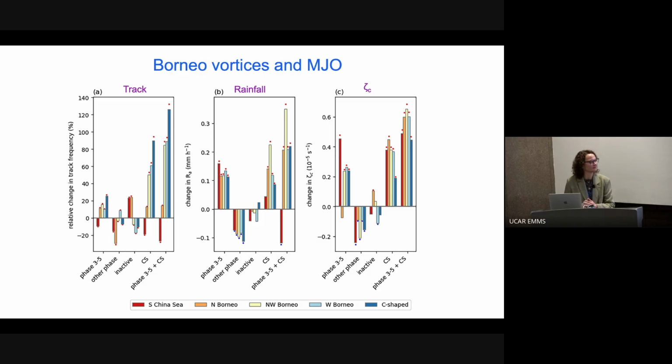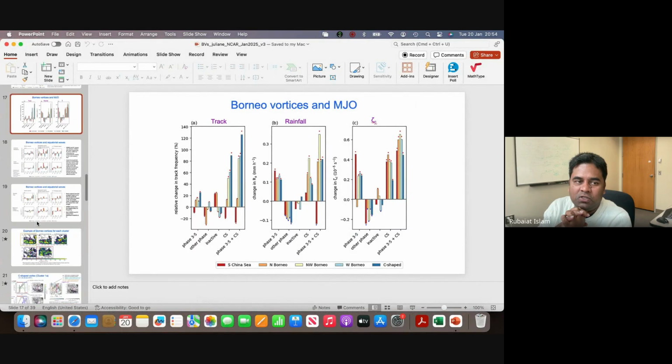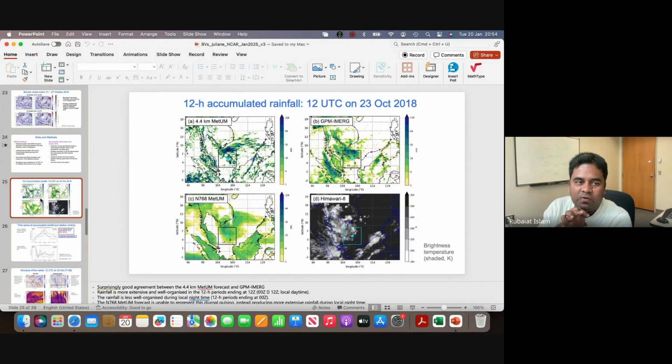It looks like we have a question online. Go ahead, Rubaiyat. Hi, great talk. I have a question about the precipitation forecast. You had a comparison with a 4.4 kilometer regional and a global forecast, and you seem to have concluded that the global forecast doesn't work very well because of the convective parameterization.